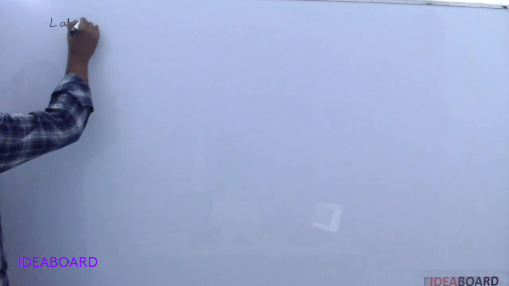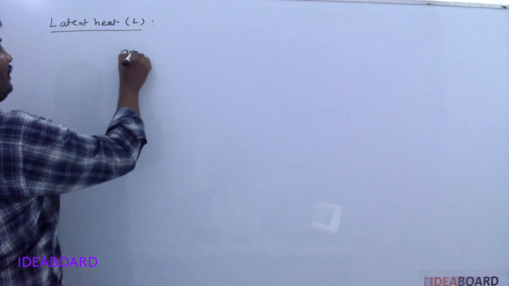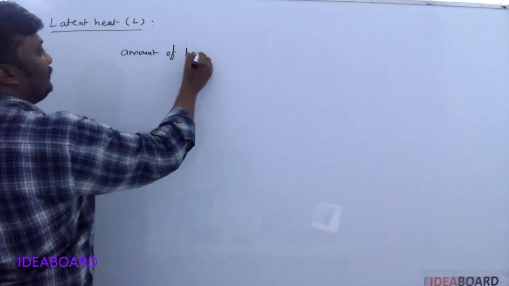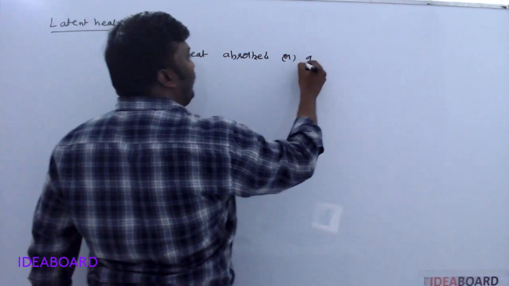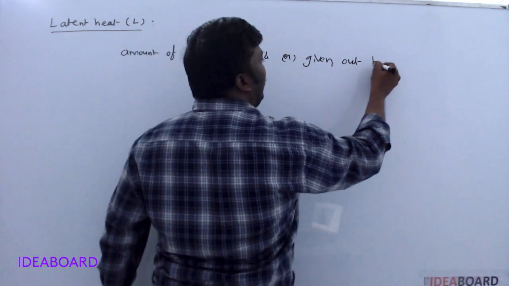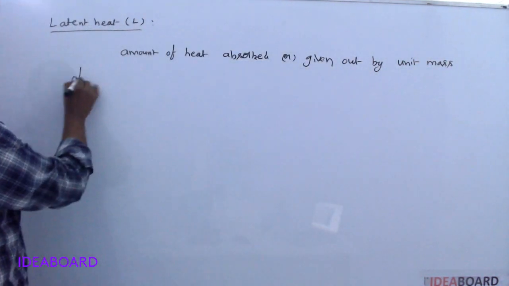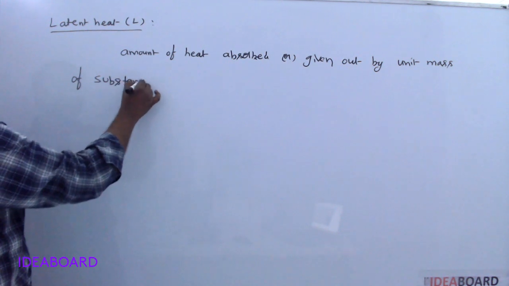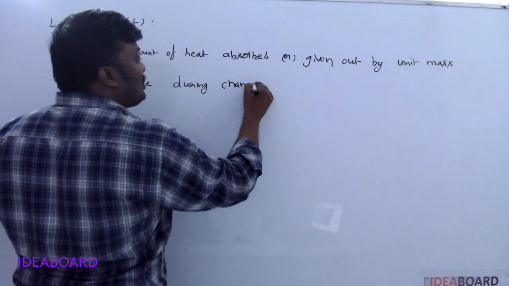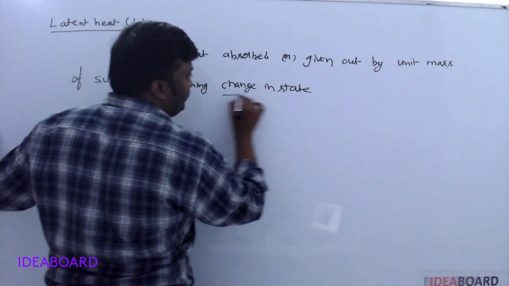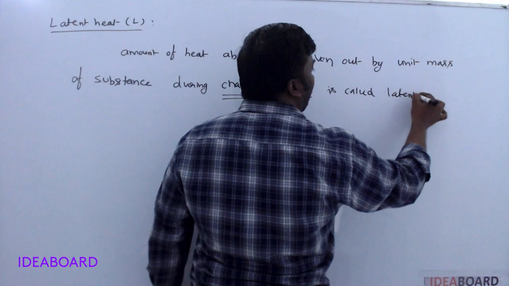Next, latent heat. It is defined as the amount of heat absorbed or given out by unit mass of a substance during change in state is called latent heat.